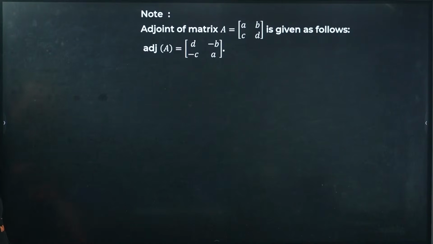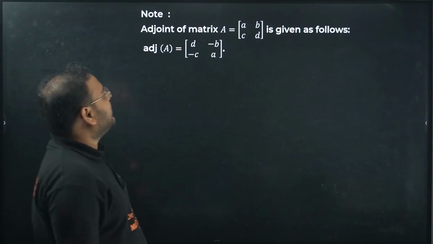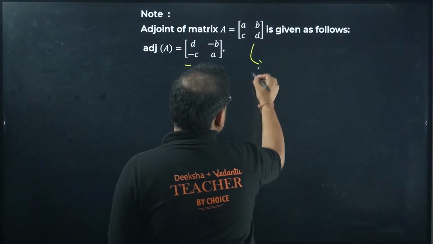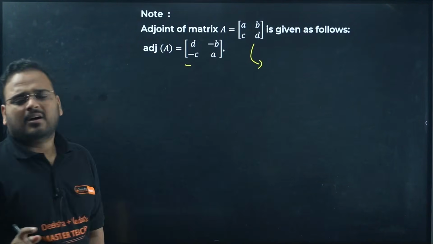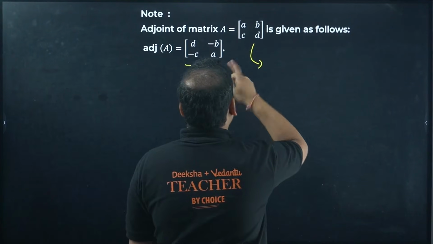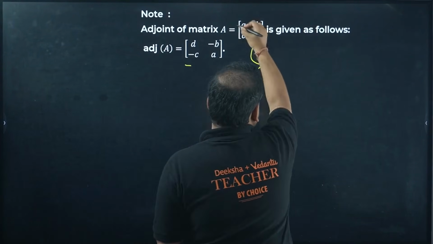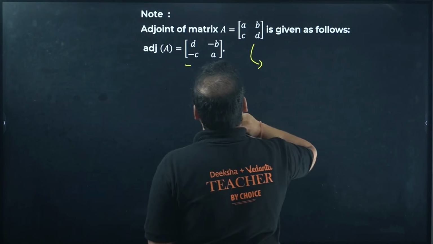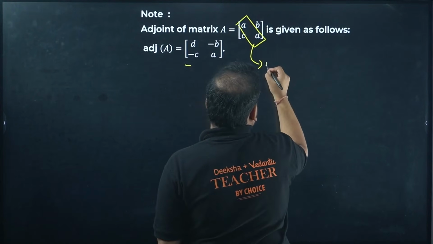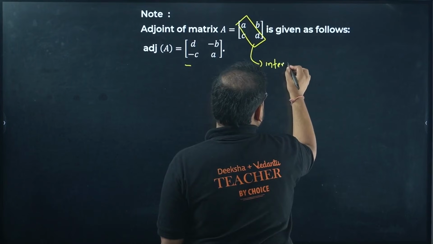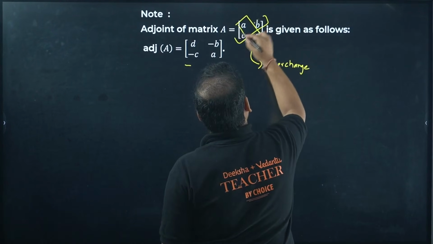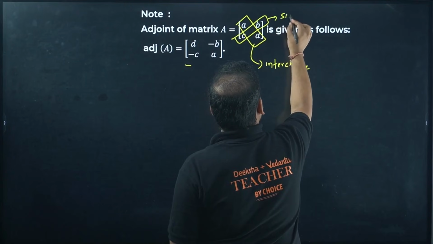Next, the adjoint of matrix A in this case is given as this. There's a rule, a trick, for finding the adjoint of such a matrix. For a 2 cross 2 matrix, the trick is you interchange these two diagonal elements, and across these other two you do a sign change.